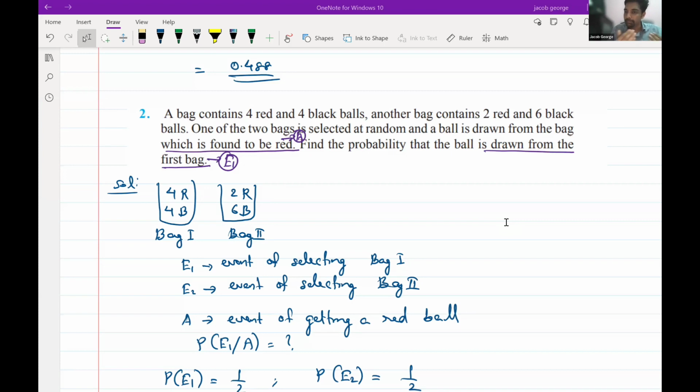In total probability, the question will be asked like this: find the probability that the ball will be red, so that is finding P of A. But in Bayes theorem, it says found to be red. Can you see that? I have underlined and marked there. Found to be red means it is clearly given. Like this, a clue will be there in the question as a given event. So from there you will understand.